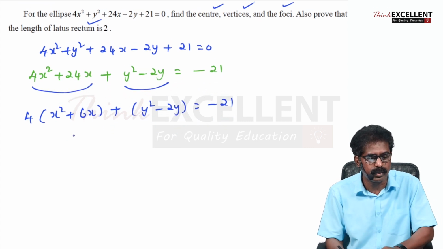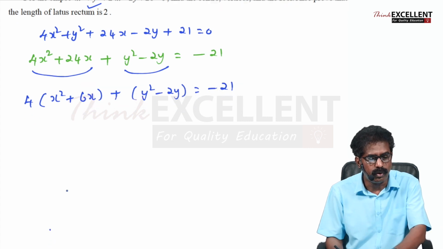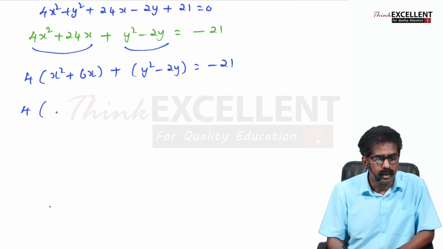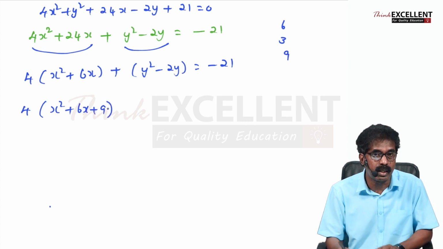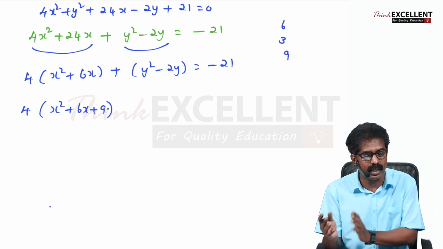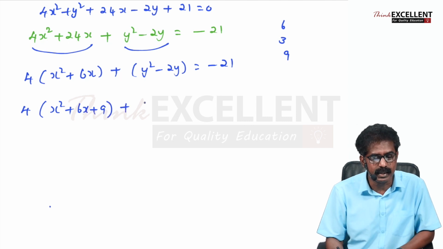Now inside the bracket you add something. So 4 into x square plus 6x. Which number do you have to add here? X coefficient is 6, half of that is 3, square it is 9. So plus 9. Remember, what we are adding on the left side, you add to the right side also. Okay, we will see later. Plus y square minus 2y.